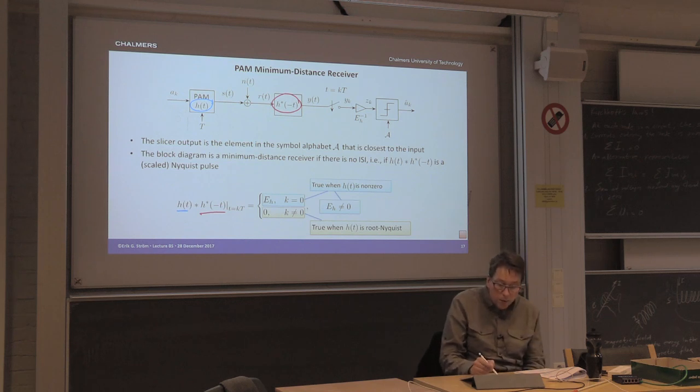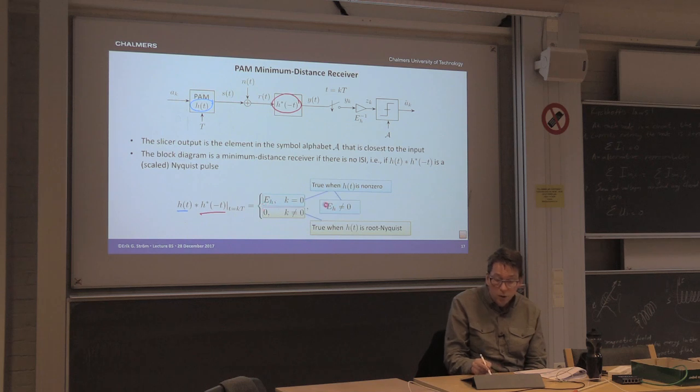A Nyquist pulse, we get that by having all samples except the sample at time 0 to be 0, and the sample at 0 to be some constant. And we know that if h is input to a filter which is matched to h, we just showed that the output of that is the energy of h. And the energy is something which is always positive, so a positive number here.